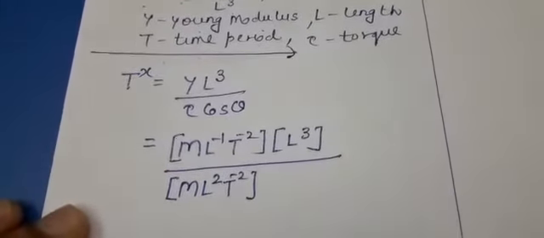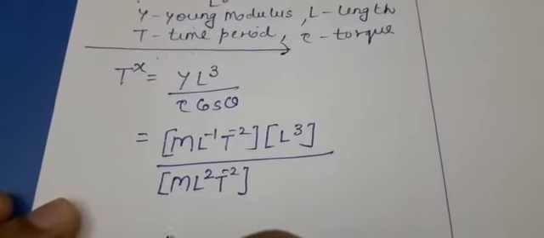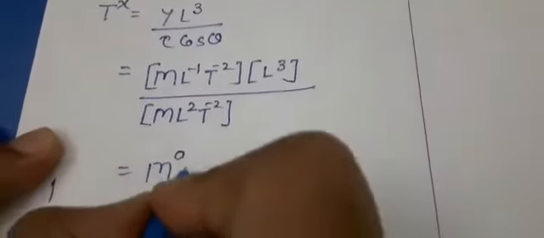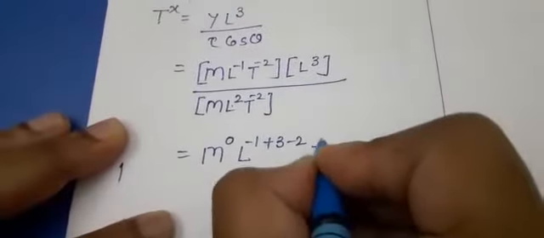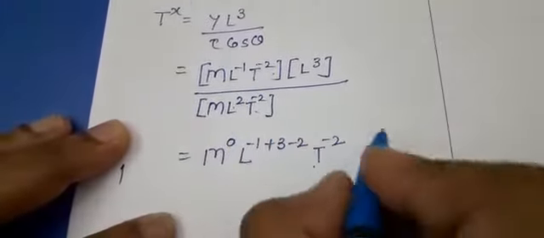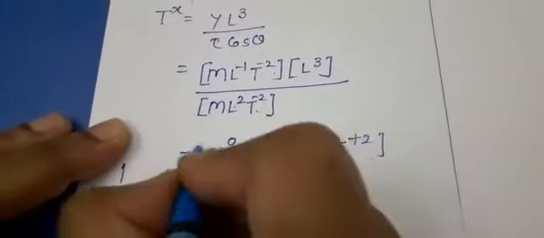So in the next step, rearrange the terms. M raised to the power 0, L raised to the power minus 1 plus 3 minus 2 from the denominator. I am taking it in a simplified manner so that you will not be confused. T raised to the power minus 2 in the numerator and minus plus from the denominator.